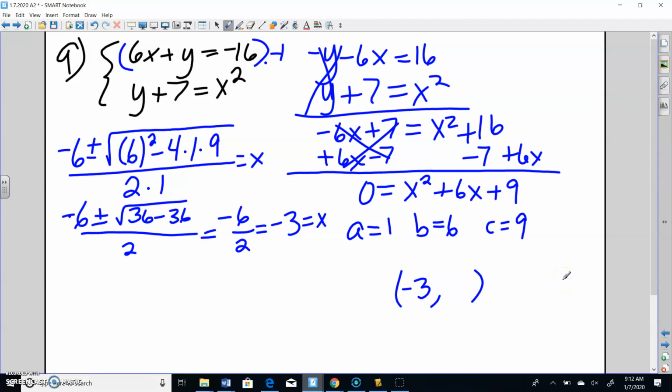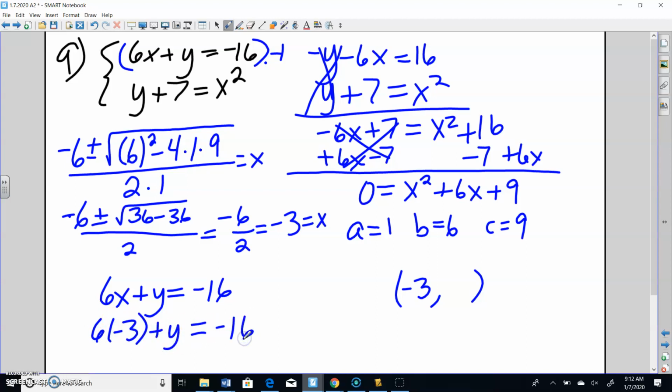So how do we find the y value? We take the x value that we got and we put it in either equation to find y. I'm just going to use the top equation, which is 6x plus y equals -16. And so x is -3, so 6 times -3 plus y equals -16.